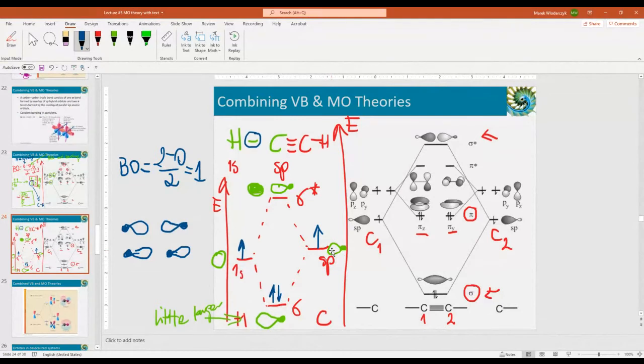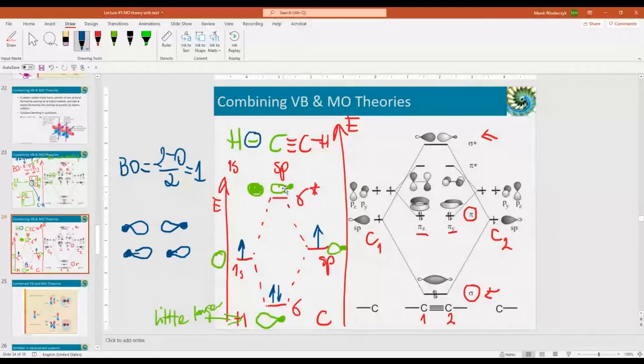And for the non-constructive interactions, we change the sign of the s function, which has to have the opposite sign to what it used to be, compared to the part that's supposed to interact with it. So in this case, our sp orbitals remain the same as before.